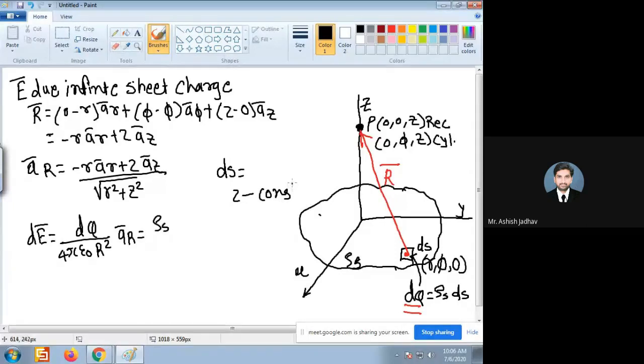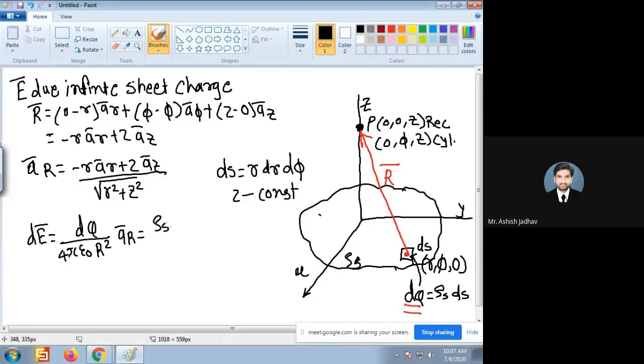This is from unit 1, differential surface of cylindrical coordinate system, characteristics I have given you. Differential surface when z is constant, what would be the value of ds? Value of ds would be r dr d phi. I'm just taking magnitude, not direction, so a bar z will not be there. So ds is equal to r dr d phi.